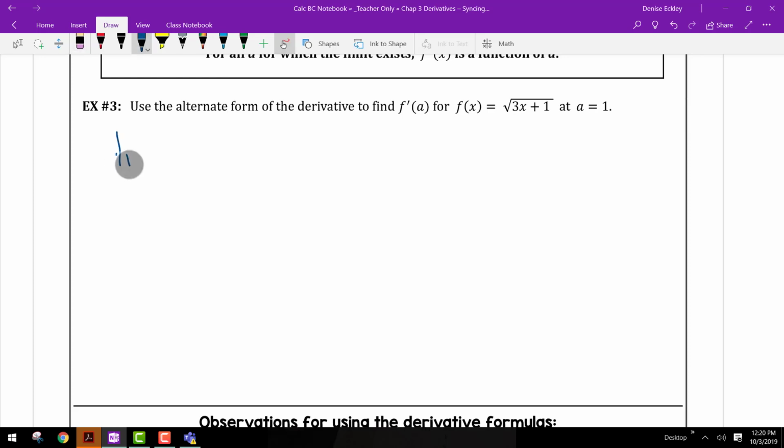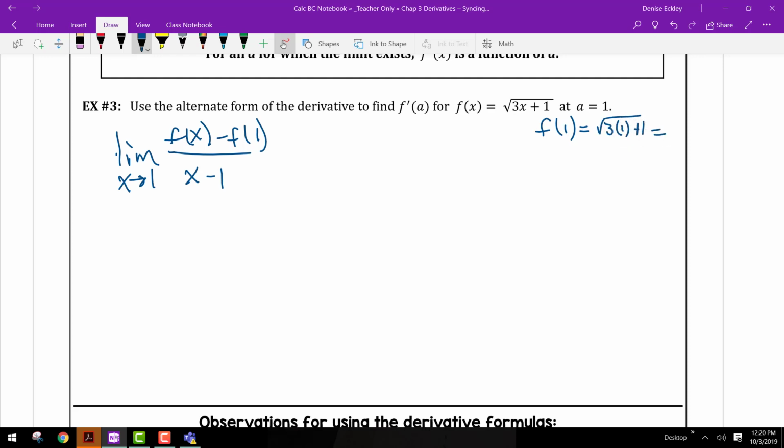The limit as x approaches 1 of f of x minus f of 1 over x minus 1. So I need to know what f of 1 is. So I'm going to do that over here. So f of 1 is going to be the square root of 3 times 1 plus 1. So I get the square root of 4, which is 2.